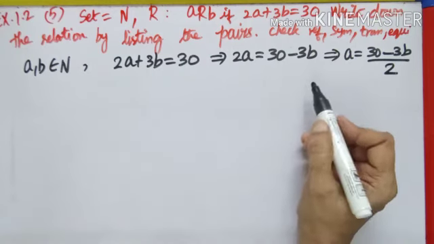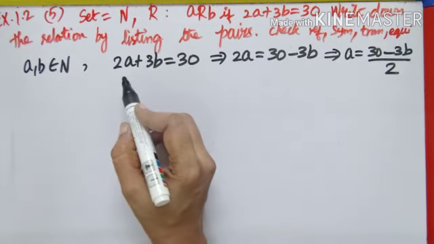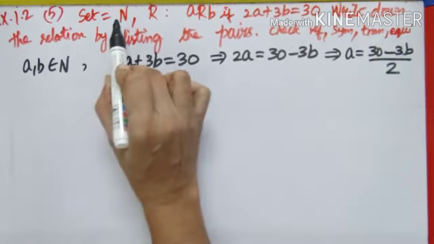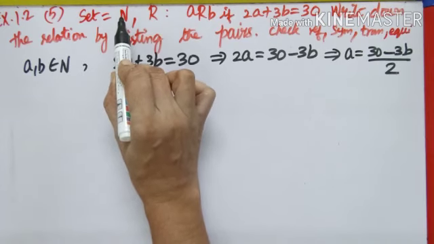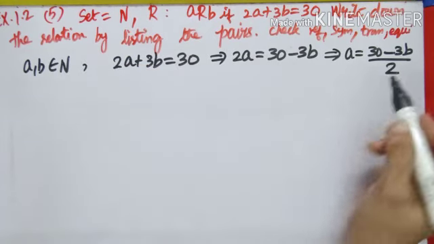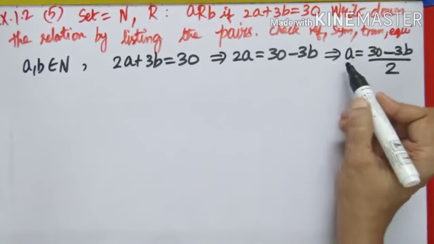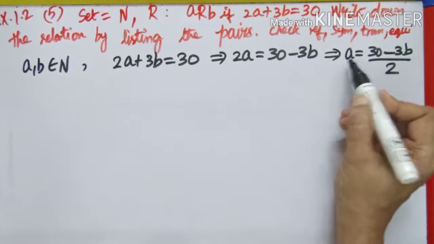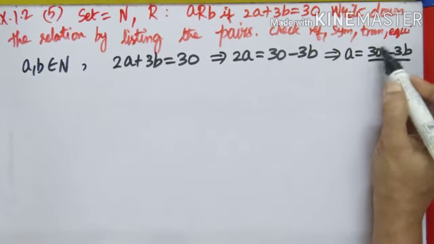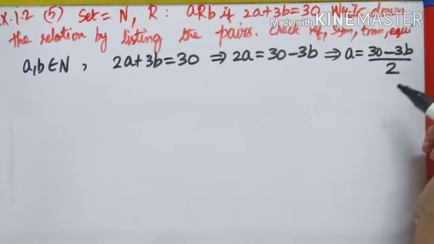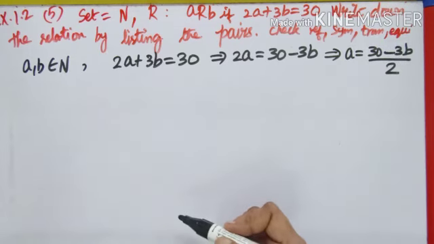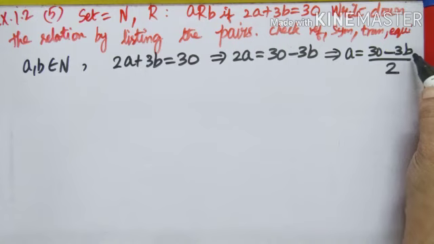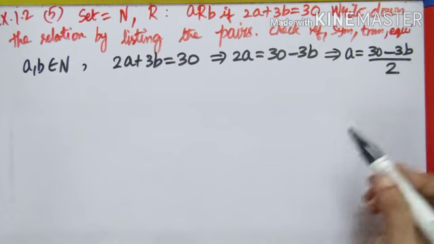I told you, whenever we are in relation problems, the set is very important. It's a natural number, so fraction not allowed. If A is a natural number, the numerator should be a multiple of 2. Then only I can cancel and A can be a natural number. So B cannot be odd numbers.